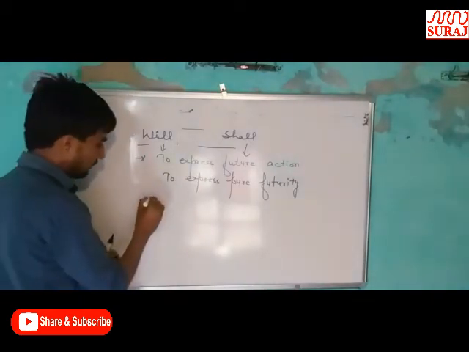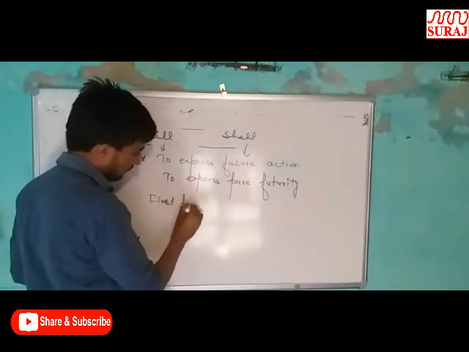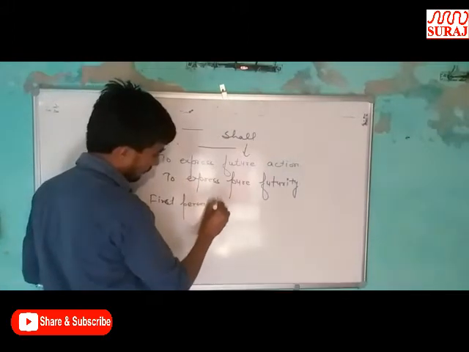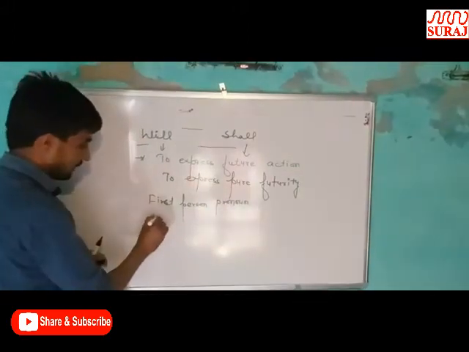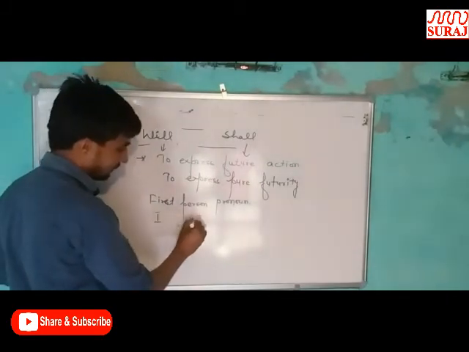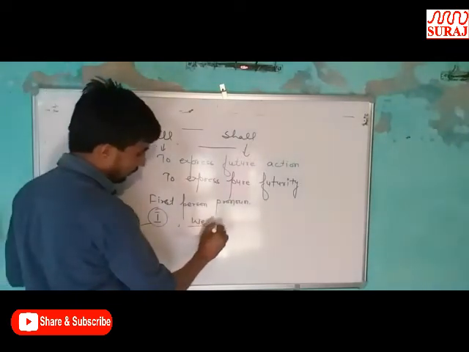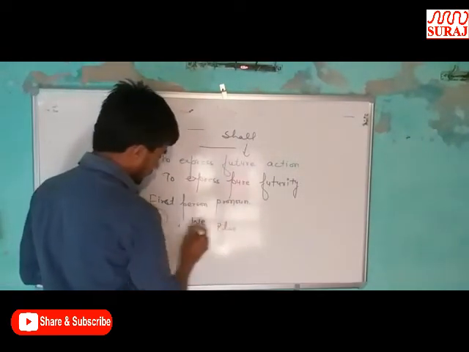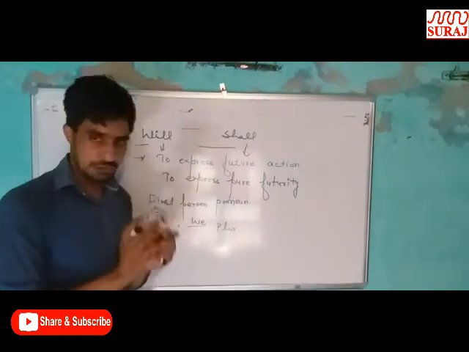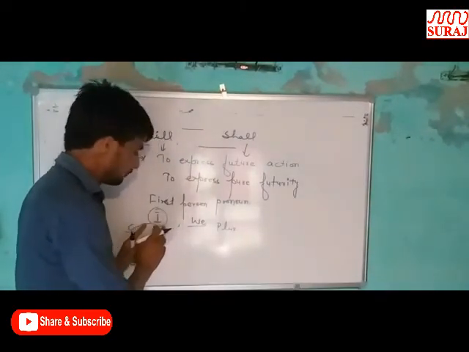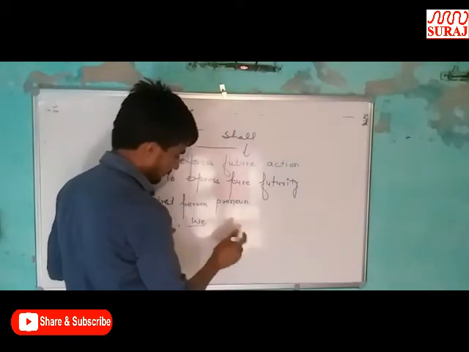Modal shall is used with the first person pronoun, I and we. I for singular and we for plural. Always in the simple future tense we will use modal shall with I and we.